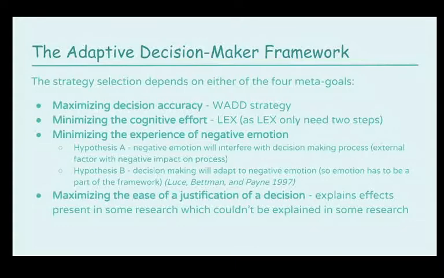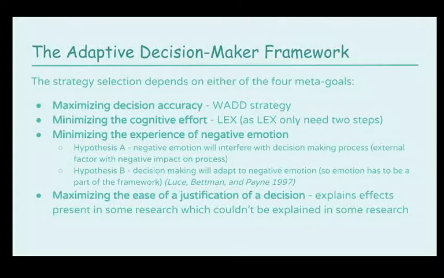Another is if you're trying to minimize the experience of negative emotion. People naturally try to avoid losses, and this can be one motivation. There are two hypotheses on why this may happen. The first is that after decision making, the negative emotion would start impacting the process of the decision making, which wouldn't be nice.